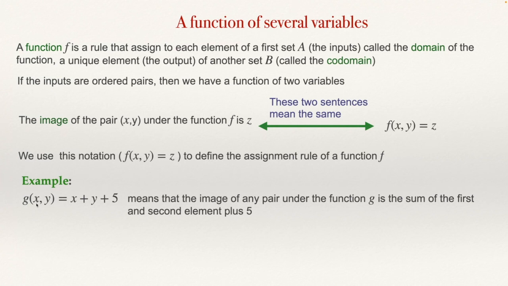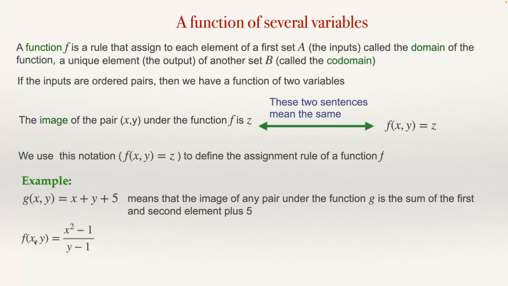So this x will be the first element, and this y will be the second element. So x, y is different than y, x, for example. So it's clear which is the first element, and it's clear which is the second element. And this rule is telling me that to get the image of a pair, I need to take the first element of the pair plus the second element and add 5. This x and y in this case could be any real number. So actually the domain here is the set of all pairs of real numbers.